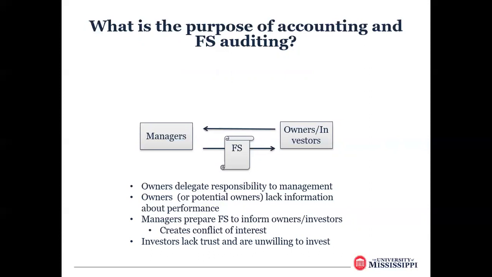If we include in the group of owners or investors the group of potential investors, who again might recognize that the financial statements are prepared under this conflict of interest, those potential investors may not trust the information in the financial statements, knowing that it could be biased, and therefore, to protect themselves, they might not invest.